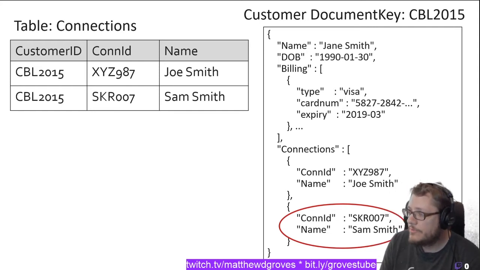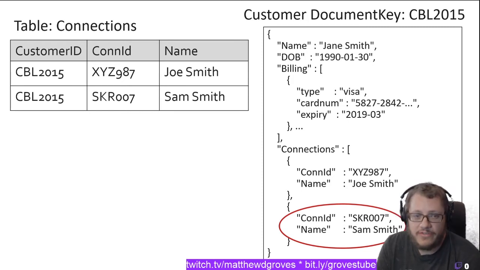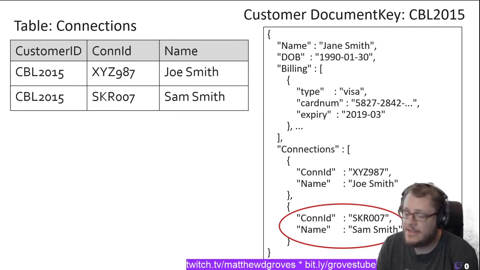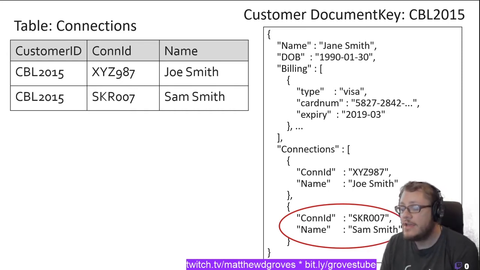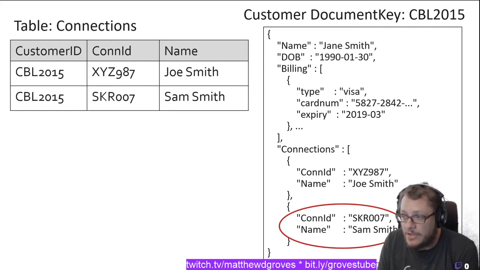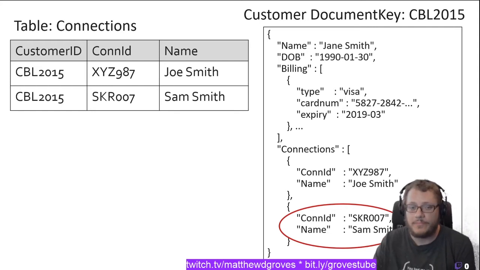So we know from here our customer Jane Smith has a connection to another document called SKR007, and that should probably say brother or something, maybe her brother's name is Sam Smith. We just want to store that here for convenience's sake. But a whole separate document with a key of SKR007 is out there that has its own date of birth, its own billing, its own connections, etc.